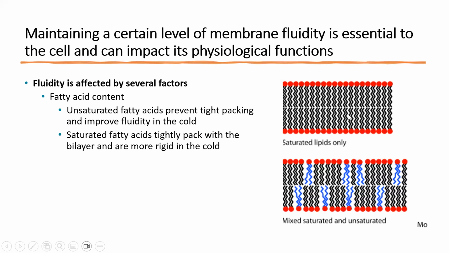This is like your butter and baking grease, stuff like that, lard. And then you have your unsaturated fatty acids, which are going to have these kinks. And those kinks are created by these double bonds. And those double bonds help keep the membrane from being so tightly packed together, which can allow a protein to come insert itself in here and then be moved around.